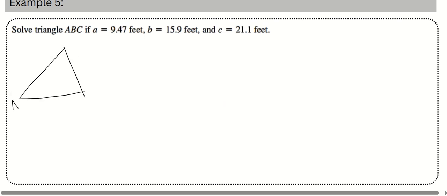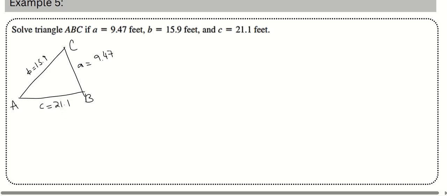Here's triangle ABC. You're given little a to be 9.47, little b to be 15.9, and little c to be 21.1.